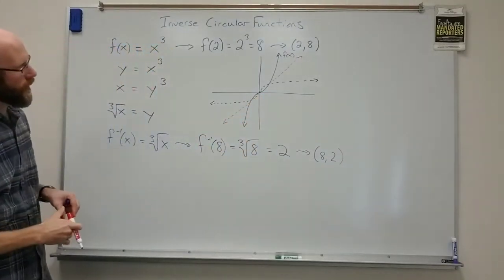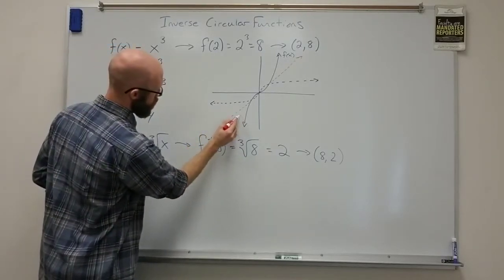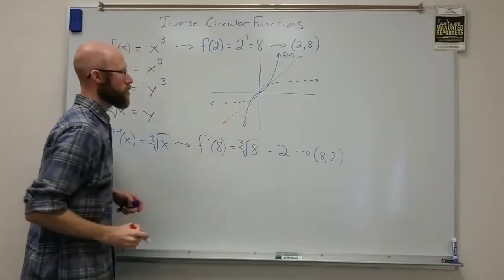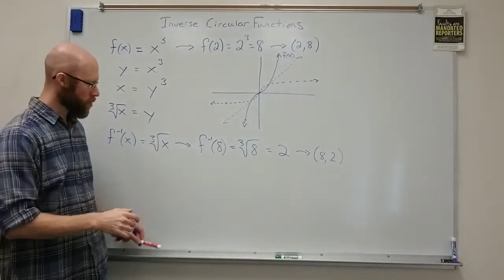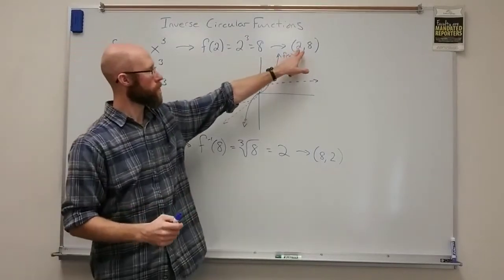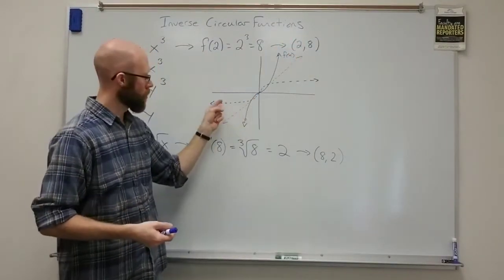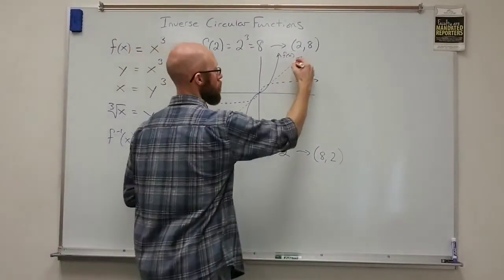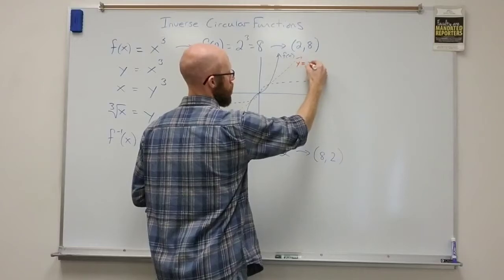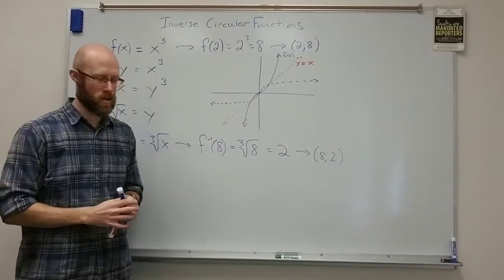Right, and so that line is the line of reflection for any point from one graph to the other. Okay? When you interchange the coordinates from one graph, they reflect across the line y equals x, and then end up on the graph of the other, the inverse.